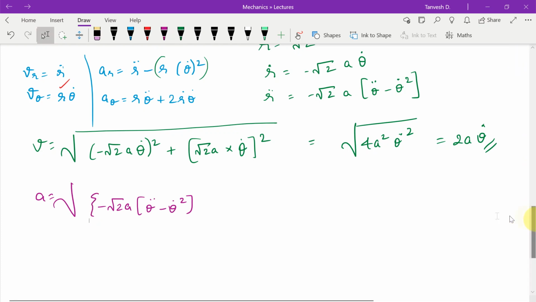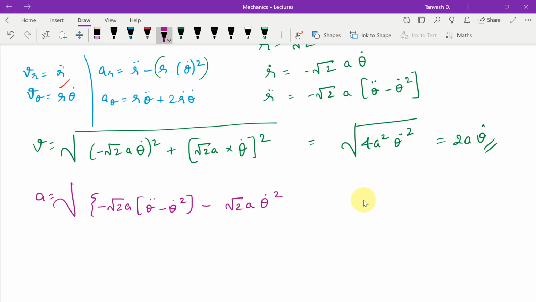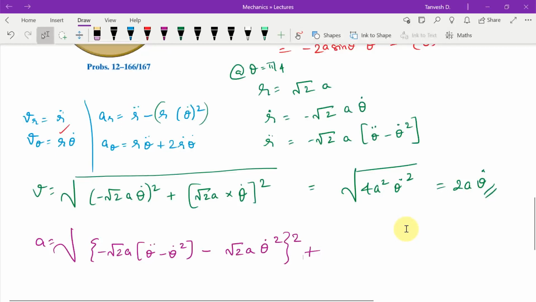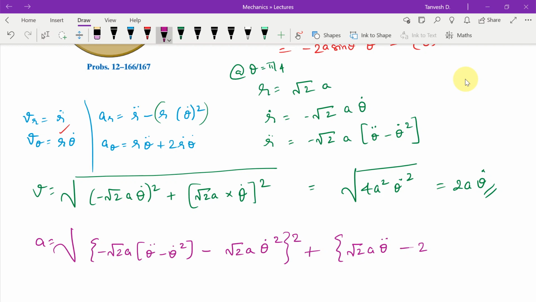This is r double dot minus r theta dot square, which is minus root 2a into theta dot square, plus r theta double dot plus 2 r dot theta dot, so root 2a theta double dot plus 2 into minus root 2a theta dot into theta dot.